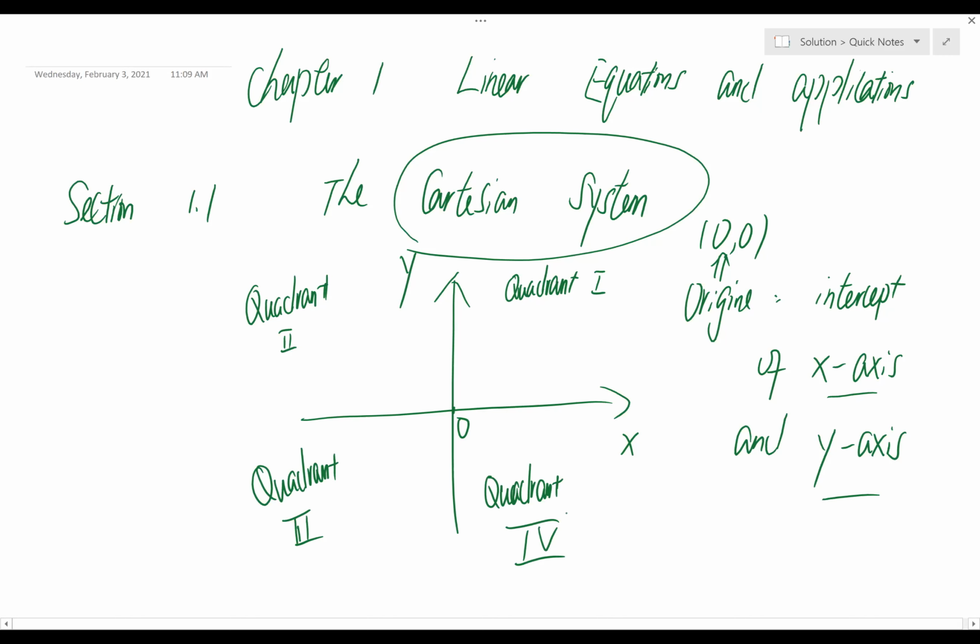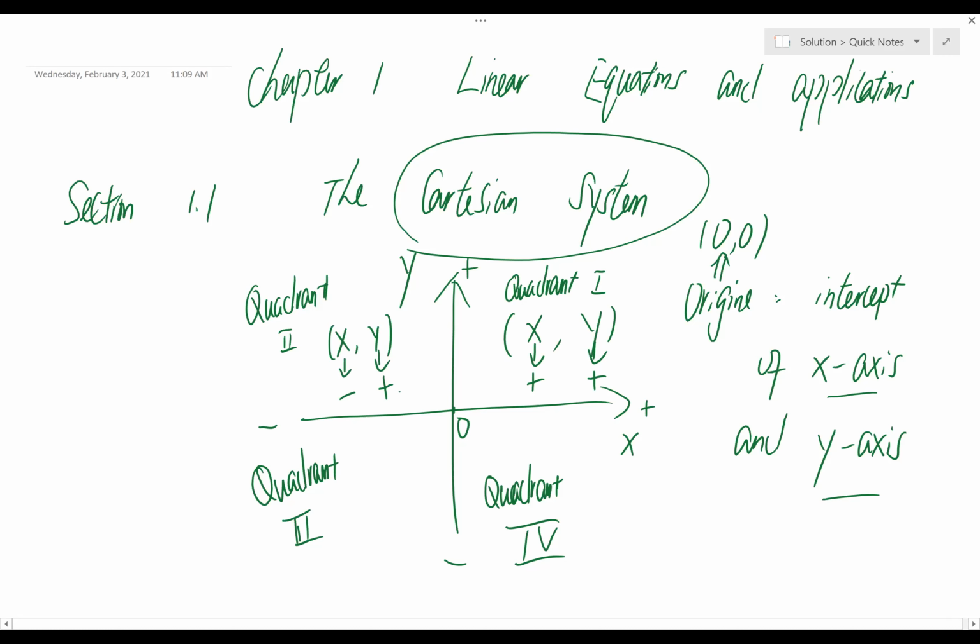And within each quadrant, basically, xy values varies, right? So in the first quadrant, in terms of both x, y coordinate, x is positive, and then y is positive, right? They're both positive. Okay. And in the second quadrant, this is positive sign, this is negative sign. So in the second quadrant, x value is negative, and then y value is positive.